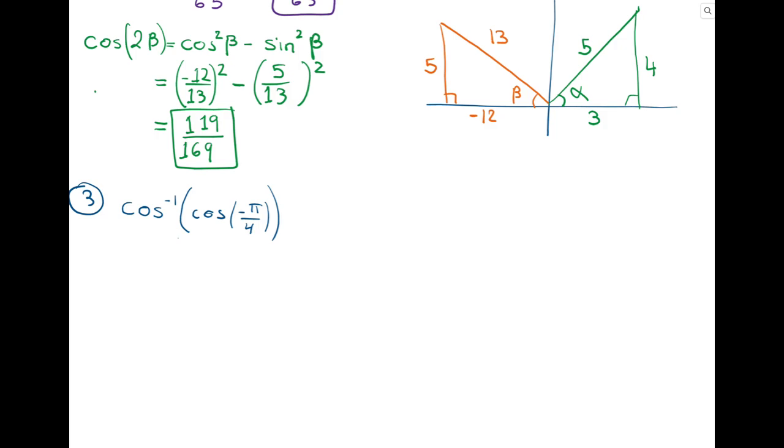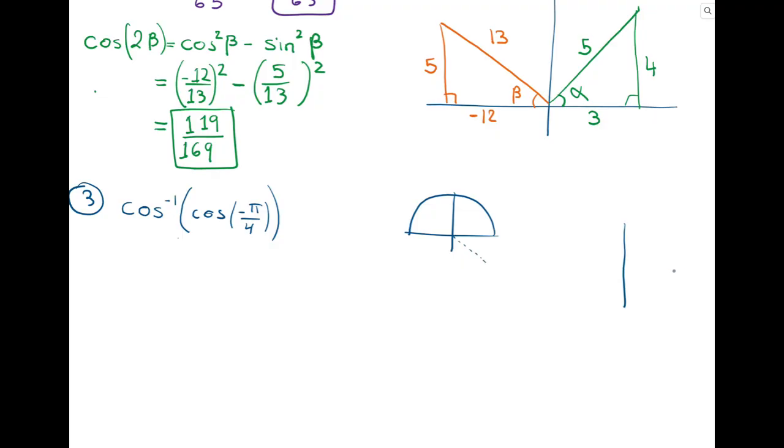And we remember that cosine inverse is going to be restricted to quadrant 1 and 2. And this negative pi/4 is not in quadrant 1 and 2. This negative pi/4 will be down there, right? And we can't go there.